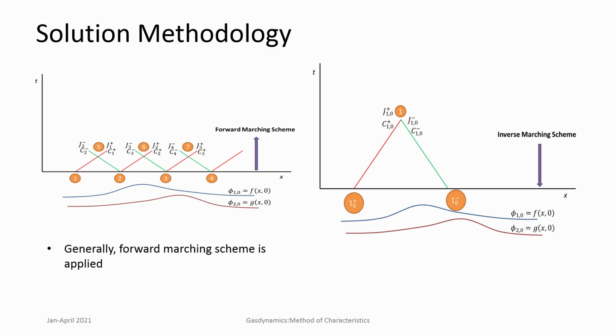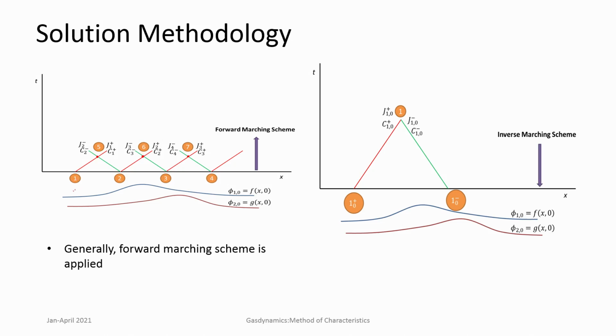So, now we know that there are these characteristics and we can use them to solve. How do we solve them? Along each characteristic there is a compatibility condition. So, you have two things: one is a characteristic equation, the other is a compatibility condition. You can use the two together to solve both the flow field as well as what is known as a characteristic net.